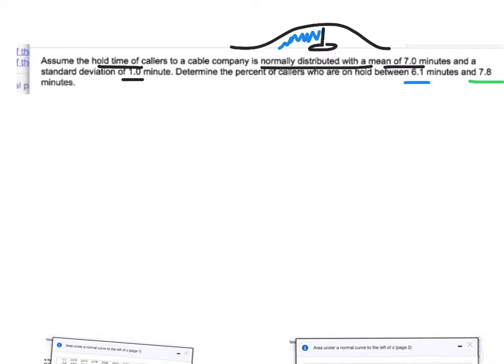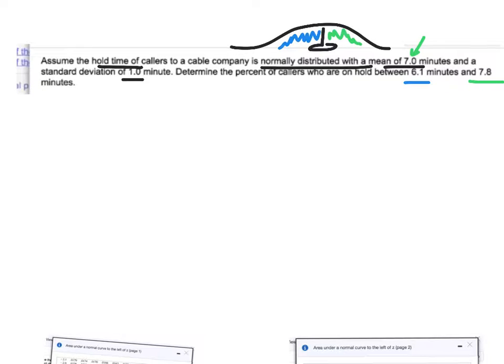And they also want us to find the percent that's between that 6.1 and 7.8 minutes. Because 7.8 minutes is greater than the average, it's going to fall over to the right-hand side of the normal curve.